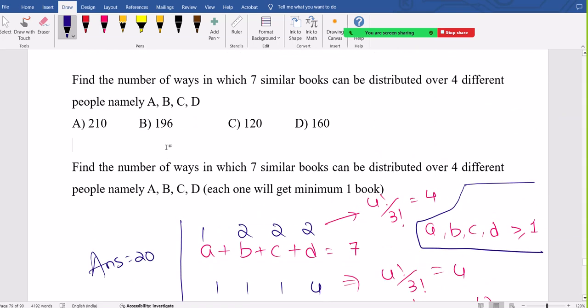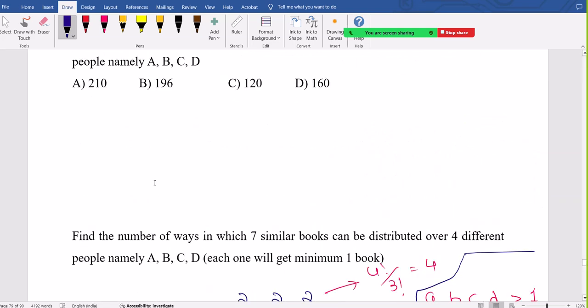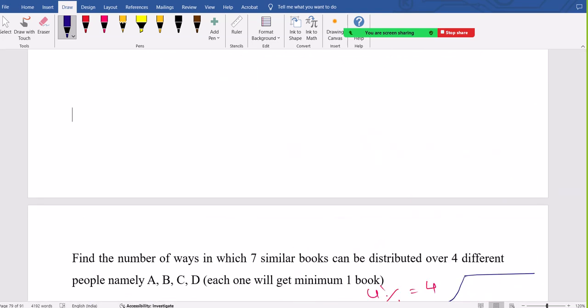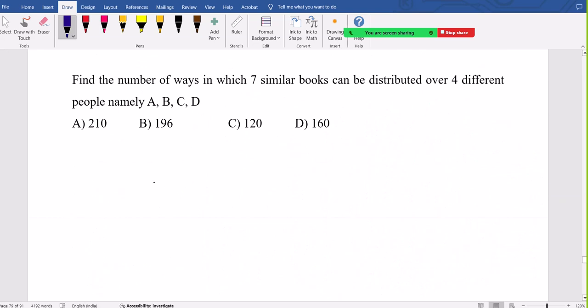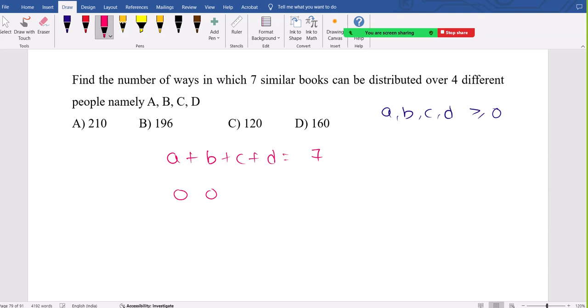Now if this is the case where there is no condition, no minimum one book, they can go for 0 also, then A, B, C, D must be greater than or equal to 0, right? Then you are allowed to go for different combinations. A plus B plus C plus D must be equal to 7. We can include 0, 0, 0, 7.